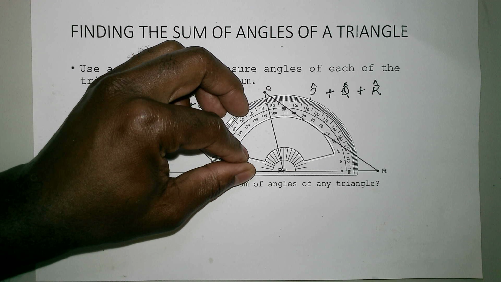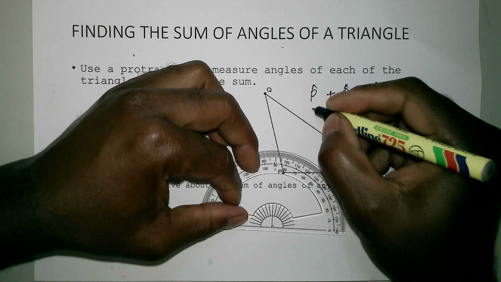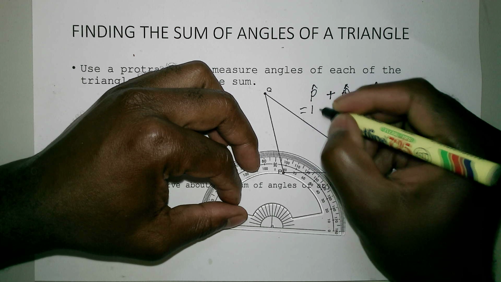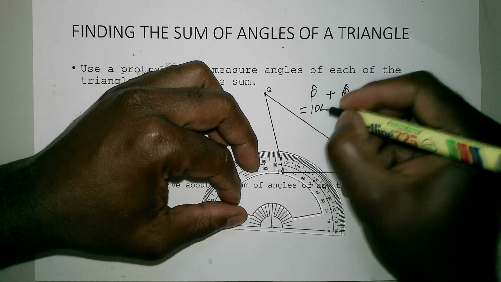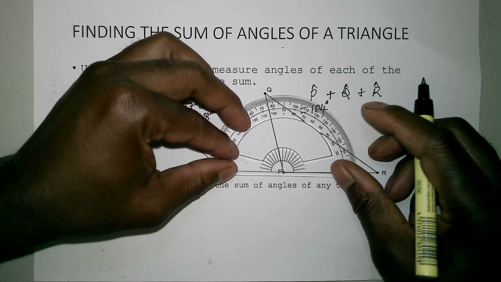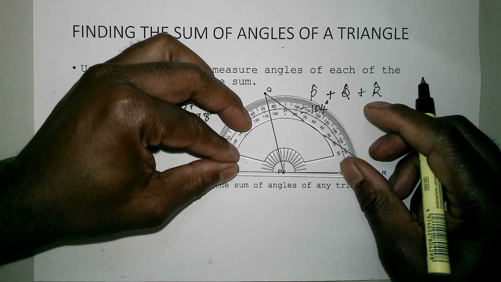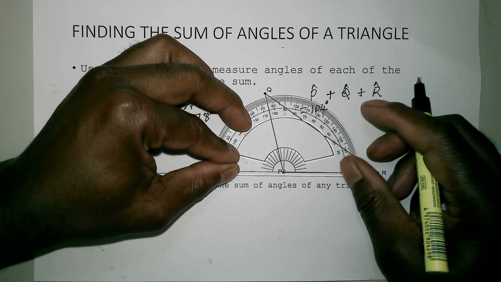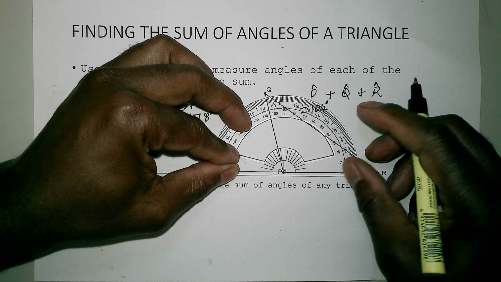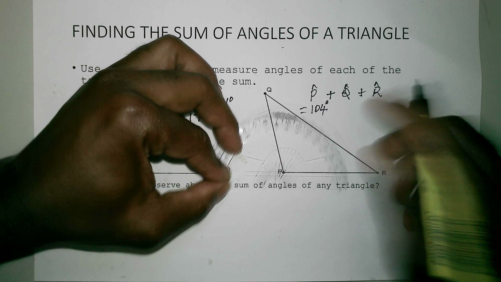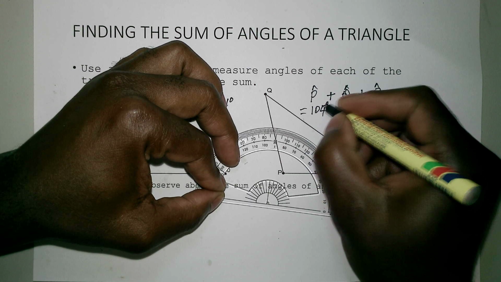Now we skip Q and come back to it. From the outside, we shall have 30 there, and before 30 there is a 5, that is 34.